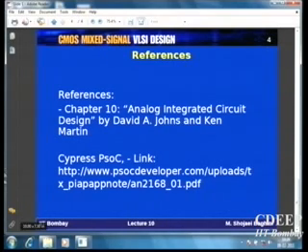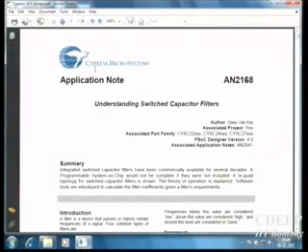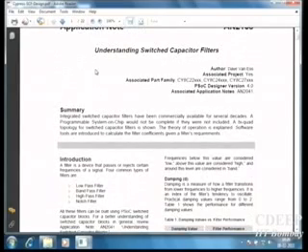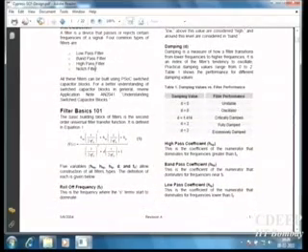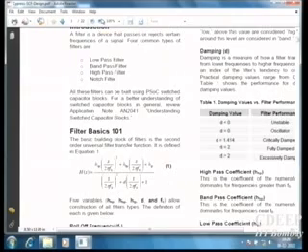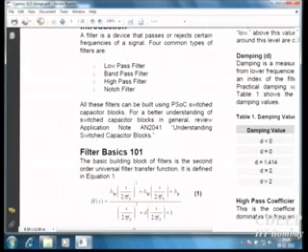And I will show you this application note. It's essentially related to one of the application notes. It tries to implement a complete biquad which can be programmed as a low pass filter, band pass filter, high pass filter. Can you see that? As a low pass filter, band pass filter, high pass filter and notch filter.